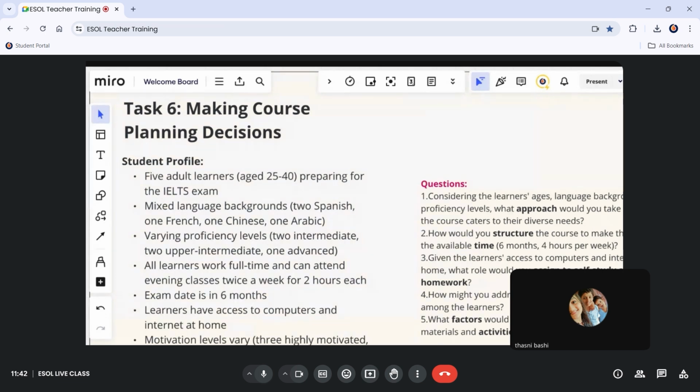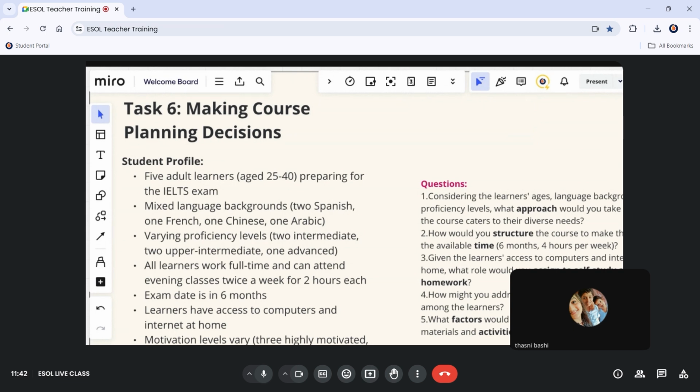I would incorporate task based learning where learners engage in meaningful tasks that require the use of language skills relevant to real life situations. And finally, I would also go for scaffolded learning, providing support and gradually reducing it as learners become more proficient.